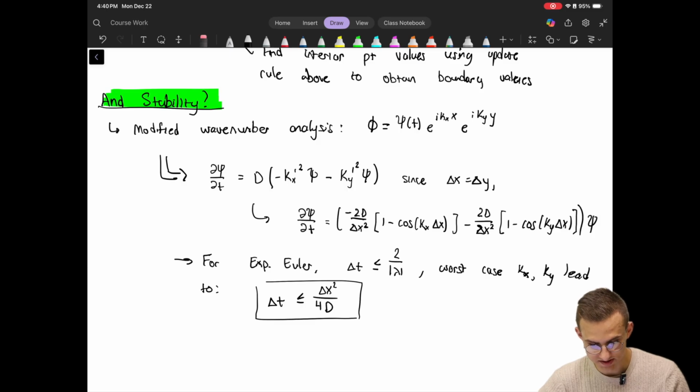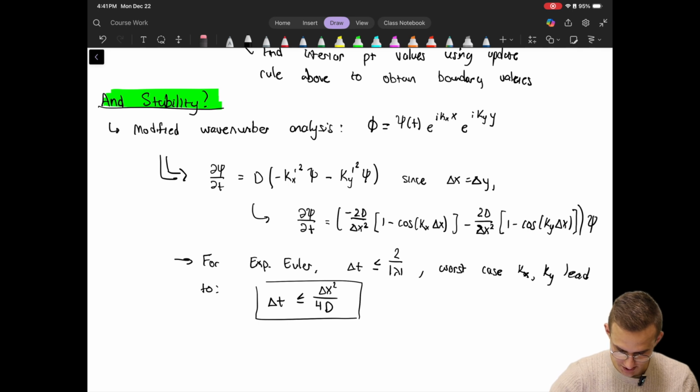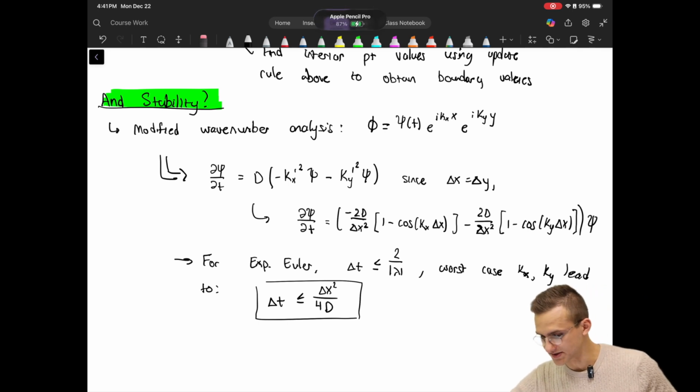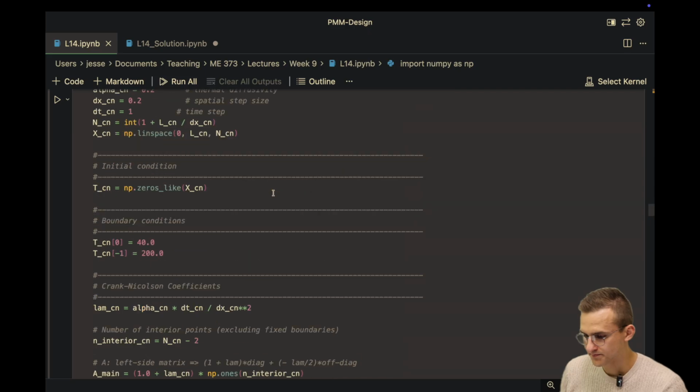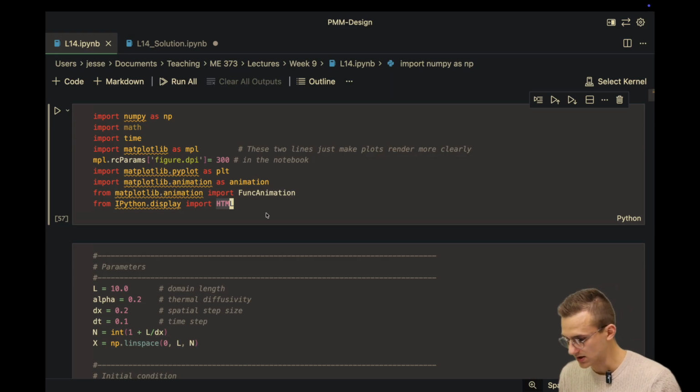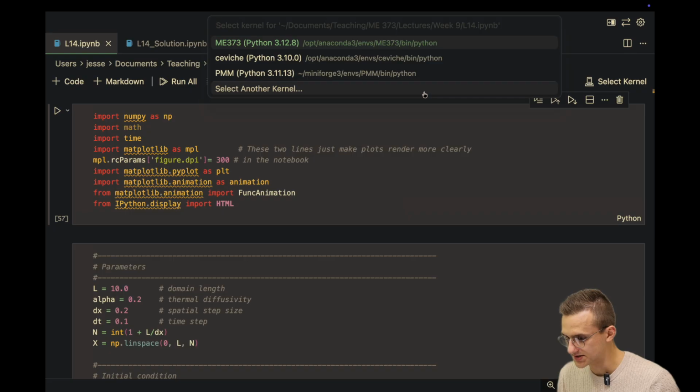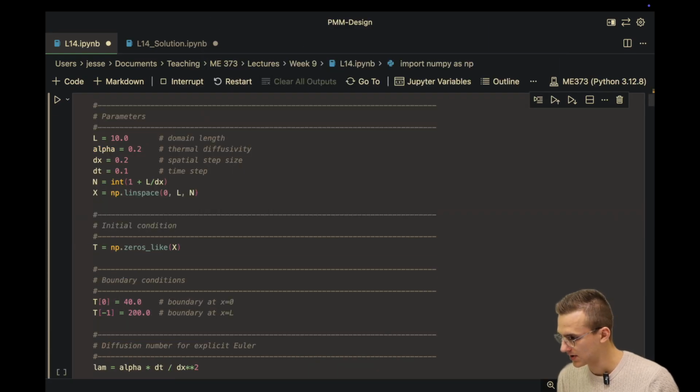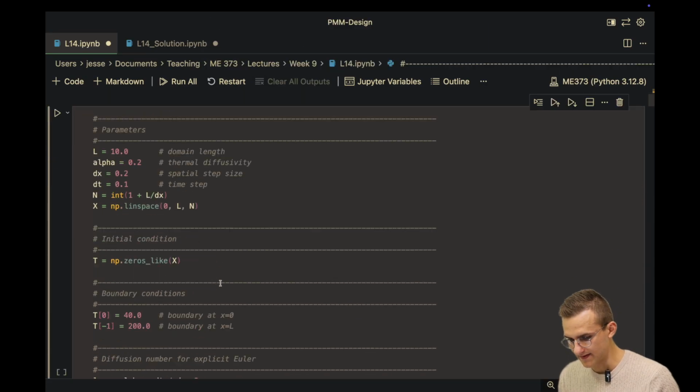Okay, so now what we're going to do is move over to the Jupyter notebook and have some interesting things to share with you. So let's go ahead over there. All right, so let's see here. We want to use this kernel. Okay, and then let's see.